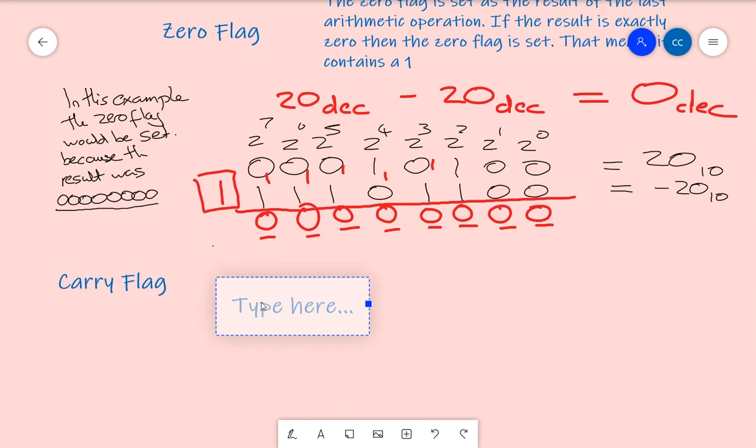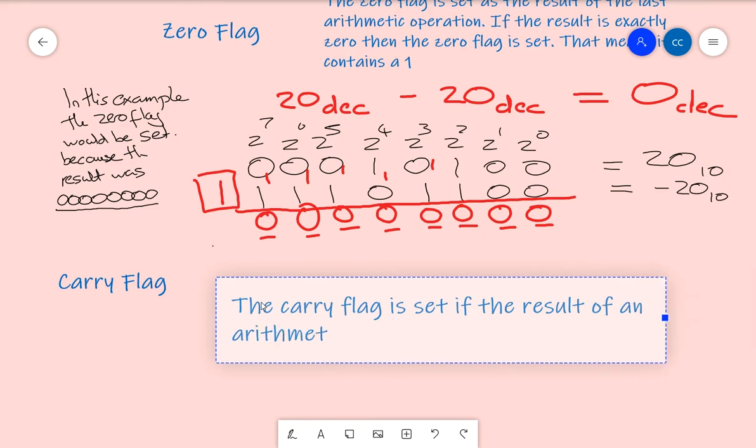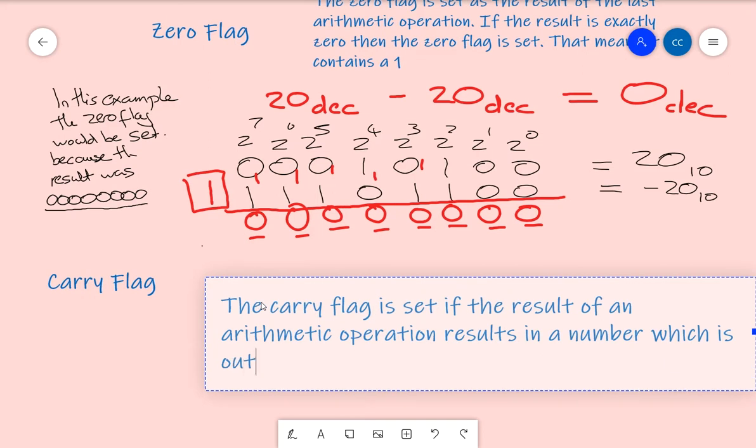Well, what can we say about this carry flag looking at the example above? We can say that the carry flag is set if the result of an arithmetic operation results in a number which is outside the representable range.